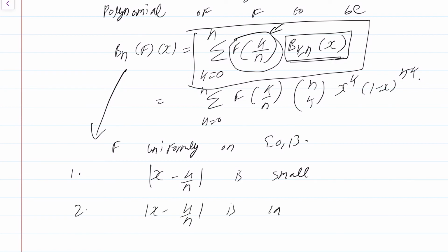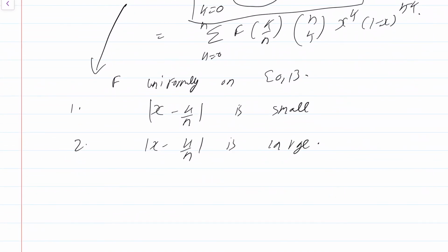We will split our proof into two parts and handle these two parts separately. In fact, for the first part, just uniform continuity will give us what we need. Recall that a function defined on a closed interval is automatically uniformly continuous. So f is uniformly continuous.